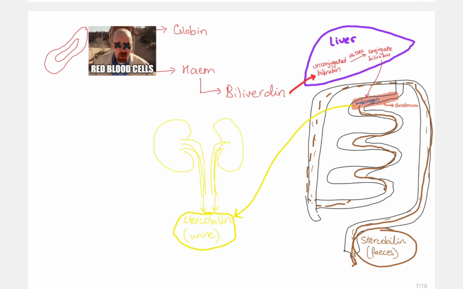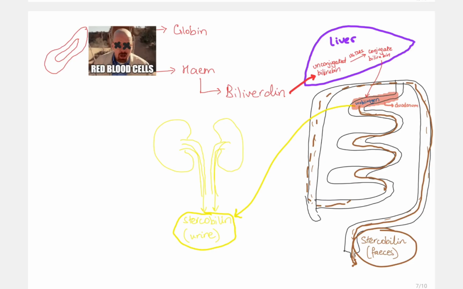That biliverdin is sent into the liver, and it's classified as what we call unconjugated bilirubin, until an enzyme called UGT1A1 ends up converting that bilirubin into conjugated bilirubin. This bilirubin is sent into the duodenum, where it's processed into urobilinogen.